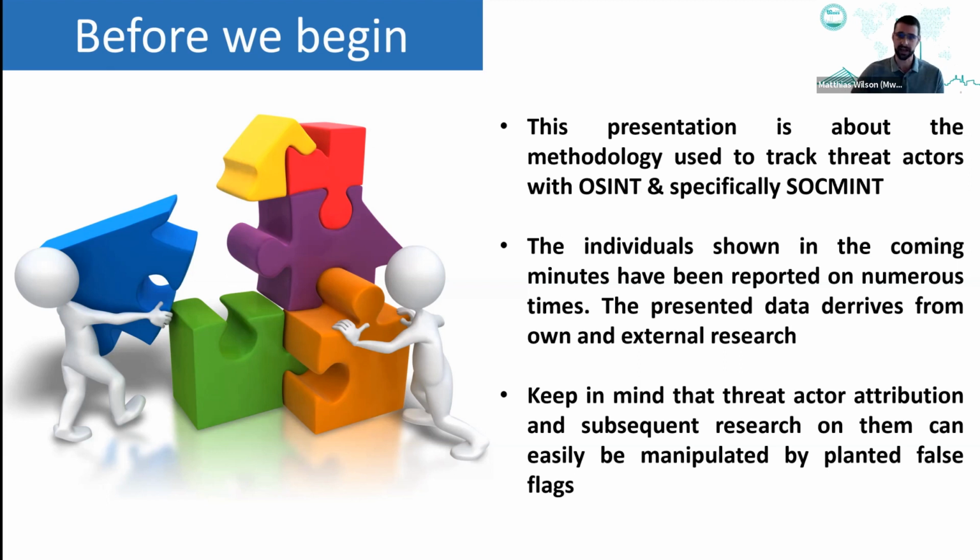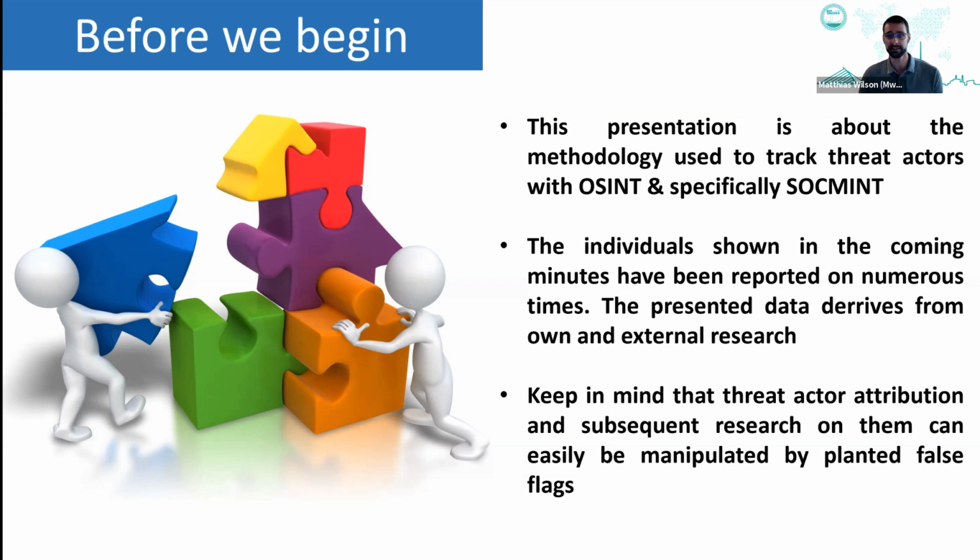And now let's just dive into this practical example to show you how we can leverage the information found in social media accounts and use that to attribute things and find out which individuals may or may not be behind certain cyber attacks.